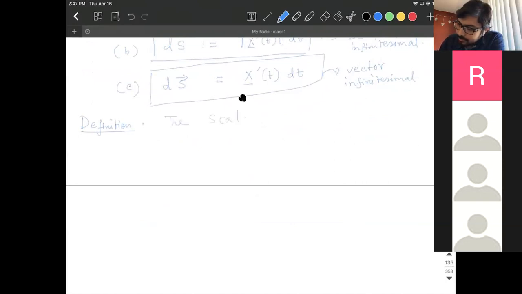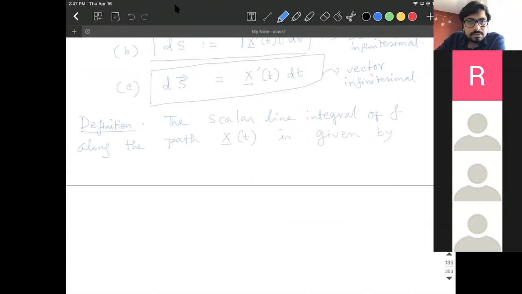The scalar line integral of f along the path x(t) is given by, so let's use a notation, the following quantity: integral from a to b of f evaluated at x(t), so this is the variable density, times norm of x prime t, dt.